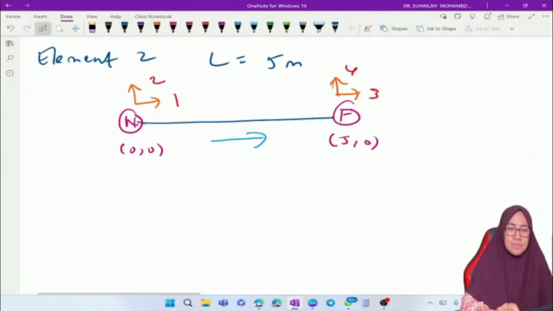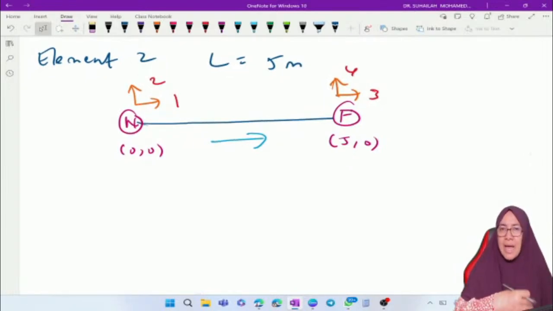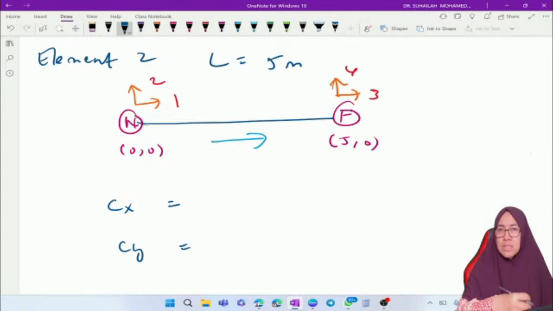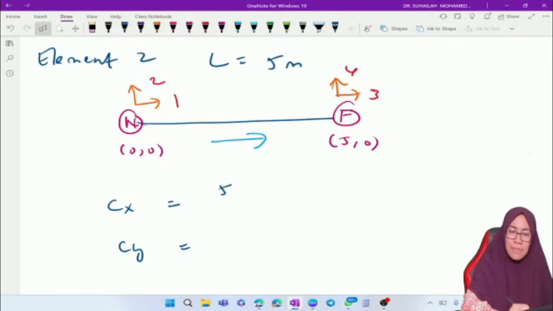So we have to calculate Cx and Cy. Cx, look at the x coordinate. Cy, look at the y coordinate. Okay, so it is far minus near. For Cx, far is 5. Near is 0. Divide by 5.